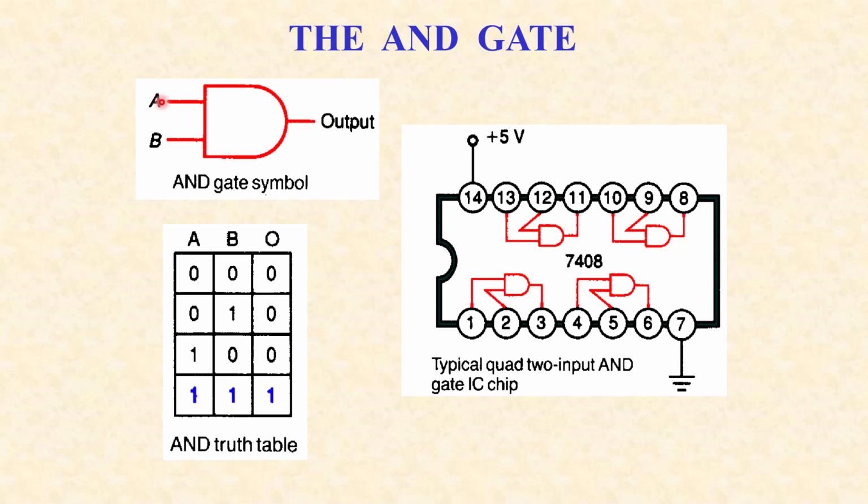But with an AND gate, they both have to be true. This is called a truth table. This is a representation of how this thing works. And I show different possibilities for combinations of inputs. So I have two inputs, A and B, and A can be 0 and B can be 0, or A can be 0 and B can be 1, or A can be 1, or they could all be 1.